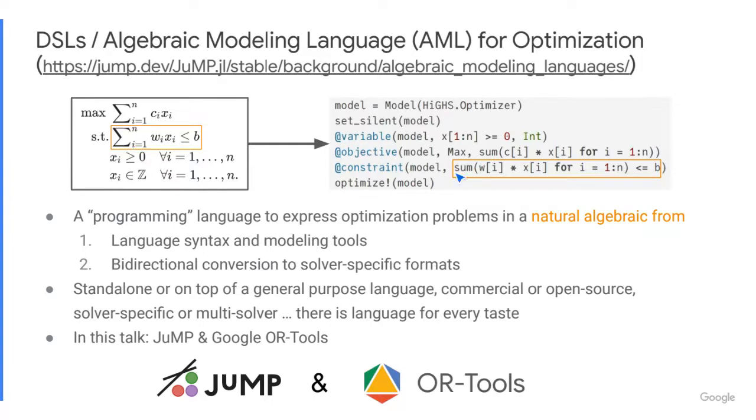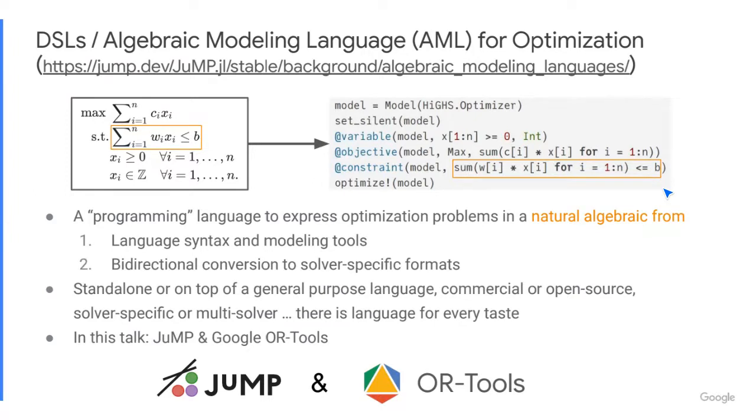And if we look at the equivalent part in the JuMP code, it also looks very similar. There's a sum, multiplications, indices, and a less than or equal. So it's trying to make it as natural as possible to write down things. And I would say for linear optimization problems, at least, there is somewhat of an agreement on what natural means. But as we'll see later on, for nonlinear programming, this might not be so obvious.